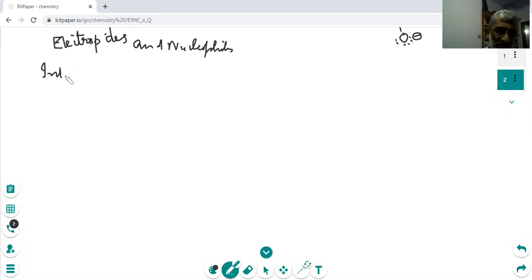They are intermediates in chemical reactions. Sometimes they may exist in the neutral form, or some of them may be non-existent in the sense that the life will be very short.